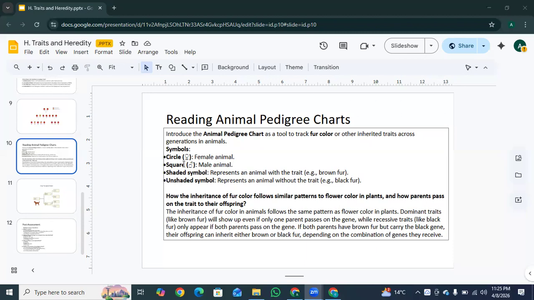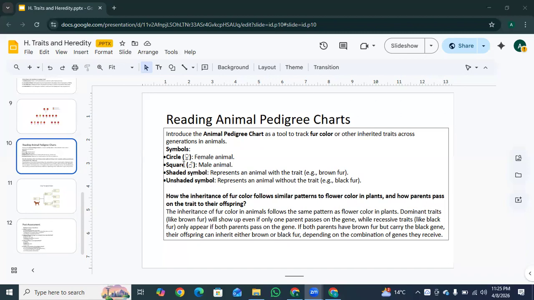Dominant traits like brown fur will show up even if only one parent passes on the gene, while recessive traits like black fur only appear if both parents pass on the gene. If both parents have brown fur but carry the black gene, their offspring can inherit either brown or black fur, depending on the combination of genes they receive.